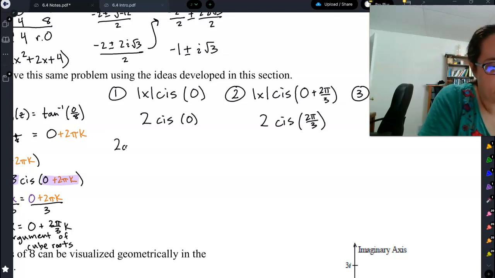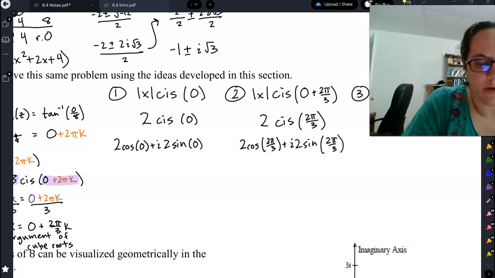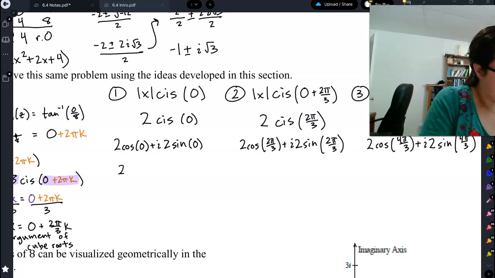I can write this out all the way, and use my unit circle to solve these.